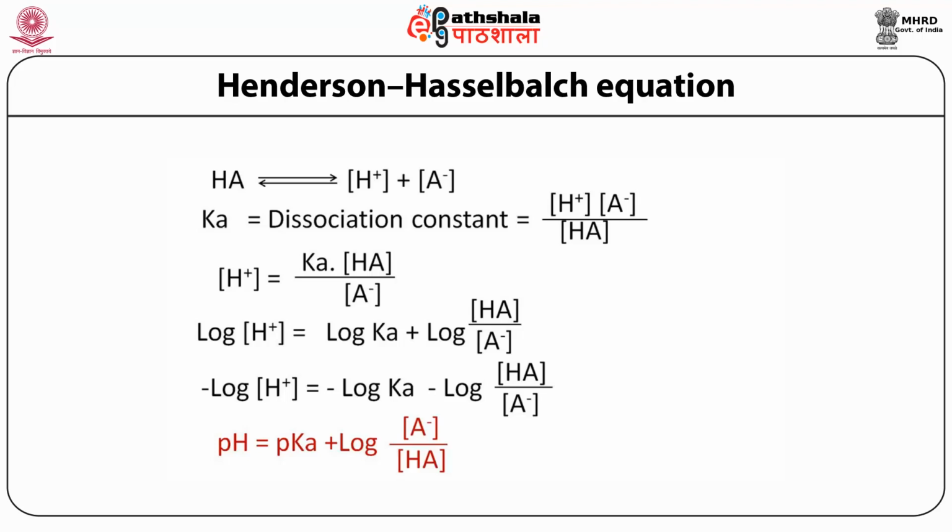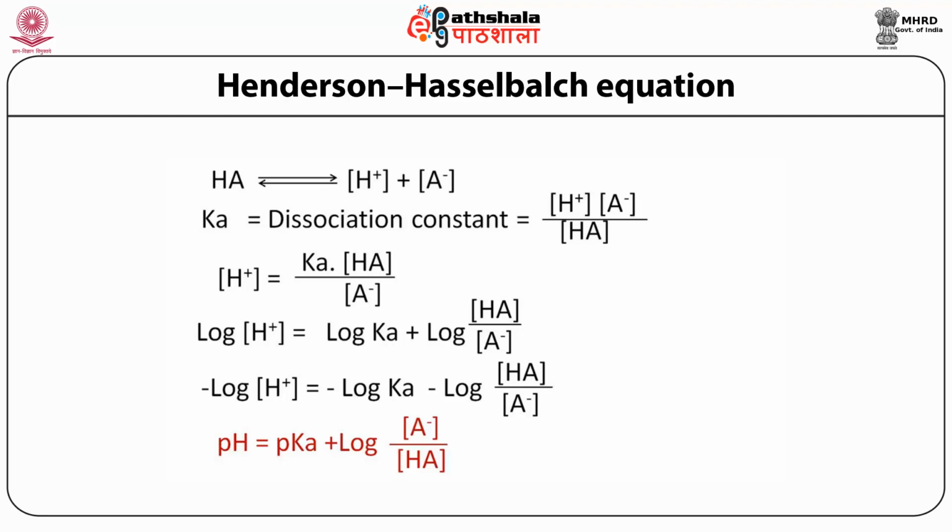If we put pH for minus log H+ and pKa for minus log Ka, then this equation turns out to be pH is equal to pKa plus log of [A-] over [HA]. I may repeat here that A- refers to the dissociated state of the weak acid and HA refers to the undissociated form of the weak acid.